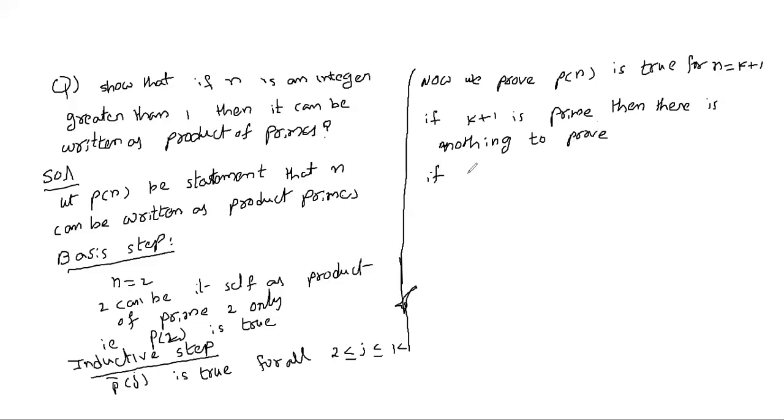If k plus 1 is not prime, then the case arises that k plus 1 can be written as a product of composite numbers.